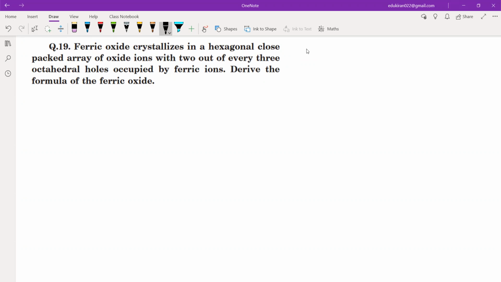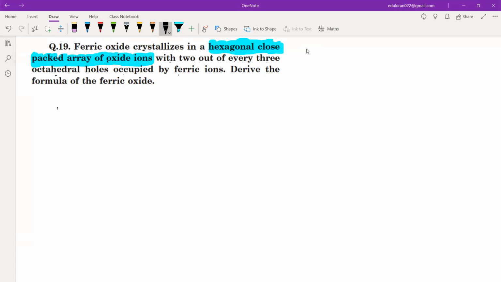So ferric oxide crystallizes in a hexagonal close packed array of oxide ions with 2 out of every 3 octahedral holes occupied by ferric ions. Derive the formula for ferric oxide. So in this very important question, we have this line: in a hexagonal close packed array of oxide ions, है ना?